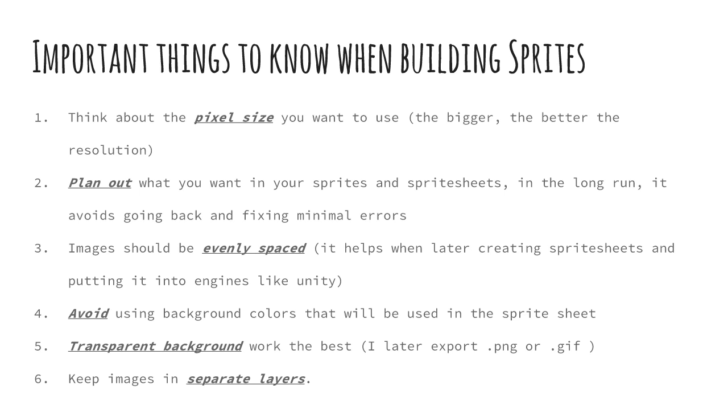It also helps when you're creating your own sprite sheets, so we don't get overlapping images or weird edges. I always avoid using background colors because of a lot of issues that can arise. And usually when you export a PNG, it's because you want that transparency in your background. If you're working in places like Photoshop, or another place I'm going to show you right now, always keep your sprites in different layers.